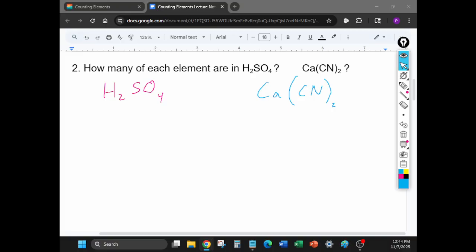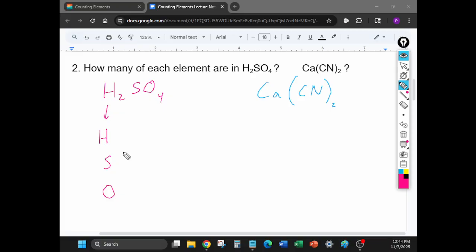All right, everybody, let's go over this and then we'll move on to the new info. All right, so for H2SO4, we're looking for the capital letters. Okay, so capital letters are going to be H. So that's going to be our first element. We got S and we got O. Okay, so H, S, O. Those are the three different elements inside of this molecule. Again, look at the capital letters.